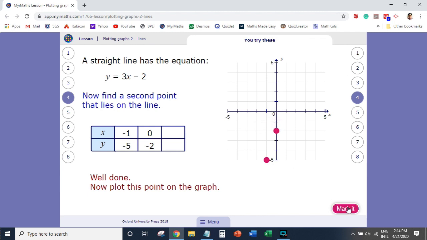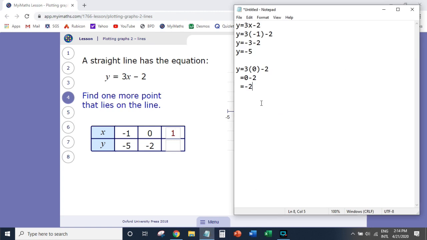Okay, for the last point, we have now the third point. Let's say I will choose positive 1. Okay, positive 1. So if x is positive 1, again, I have to write the process like this.